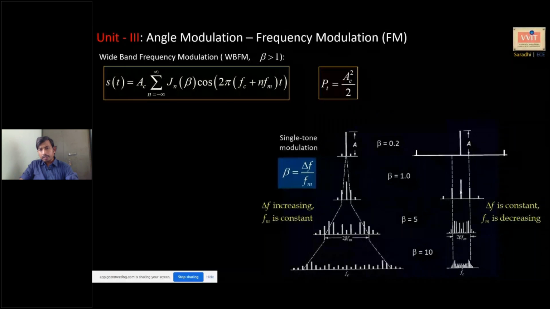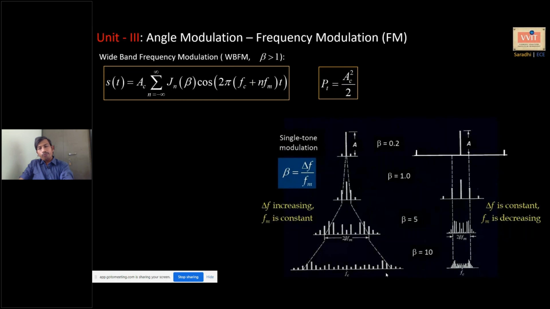As you keep on increasing beta by decreasing FM, this is the scenario. It almost becomes a continuous spectrum expanding from minus infinity to infinity, right? In either case you consider, you have a spectrum spanning from minus infinity to infinity.